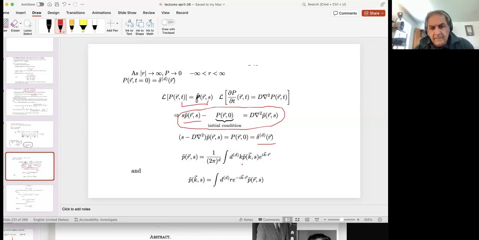P tilde r,s is basically the Fourier transform of P tilde k,s. So here you're doing e to the i k dot r, k,s. Therefore, P tilde k,s is the inverse Fourier transform of P tilde r,s.